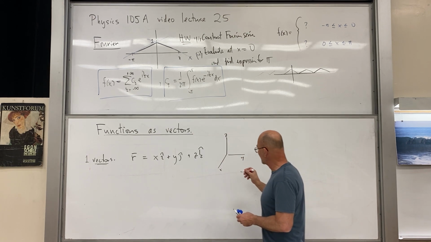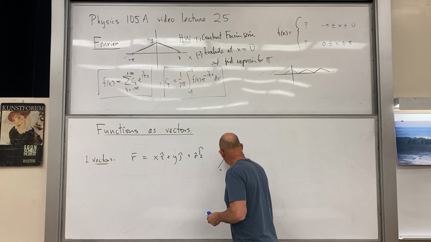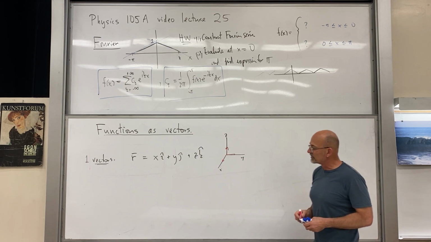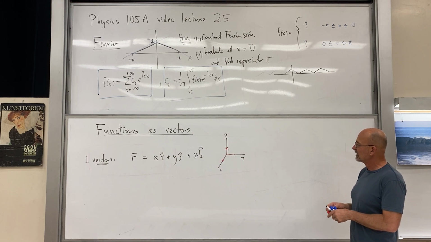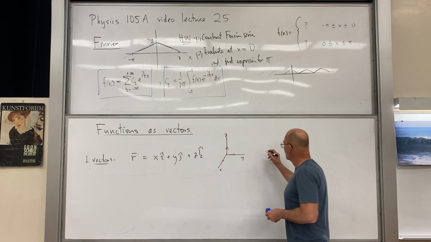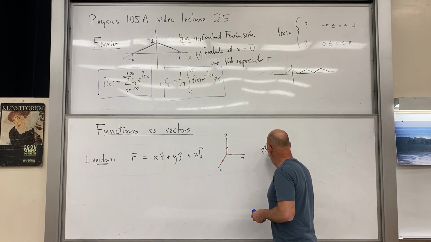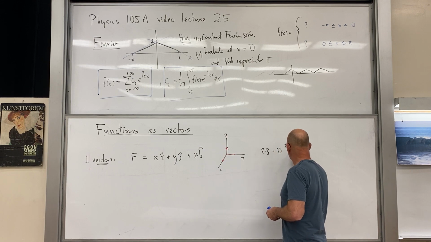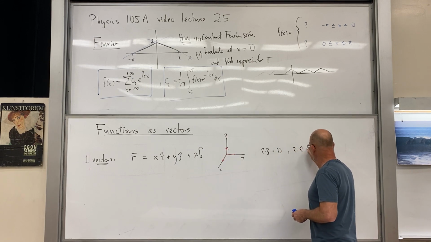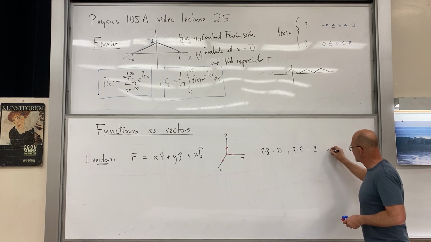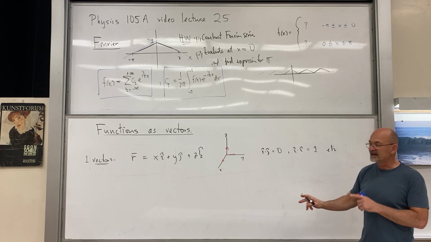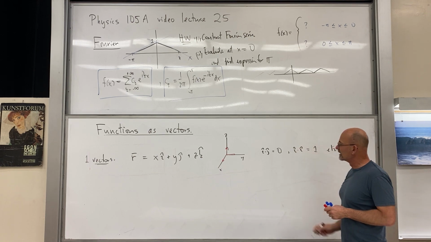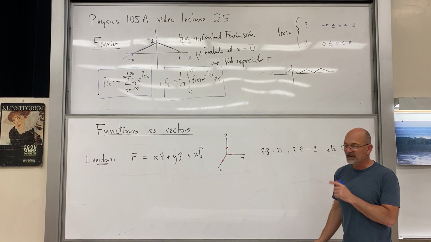And we have our i hat, j hat, and k hat unit vectors. And furthermore, we have i hat dot j hat is equal to 0, i hat dot i hat is equal to 1, etc. We have the orthogonality relations, and these are unit vectors. Okay. So that's in free space.